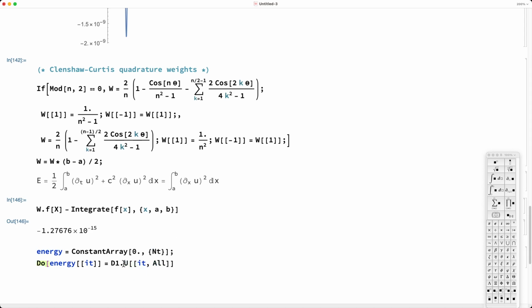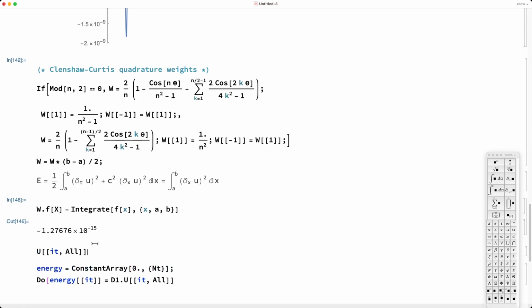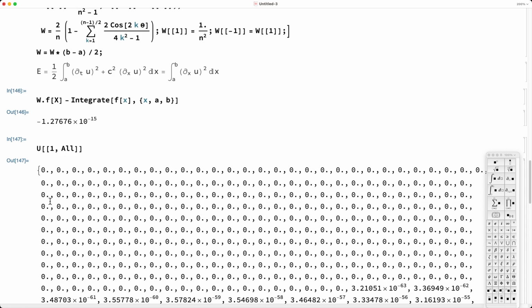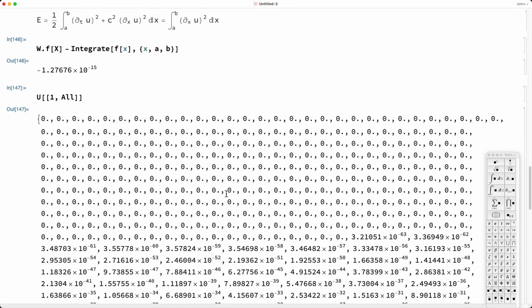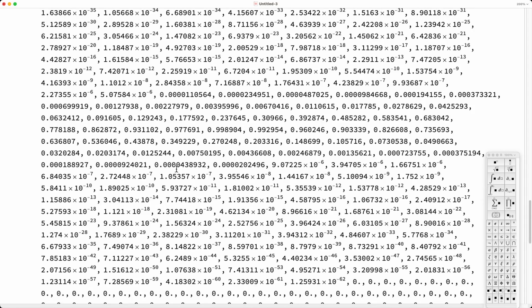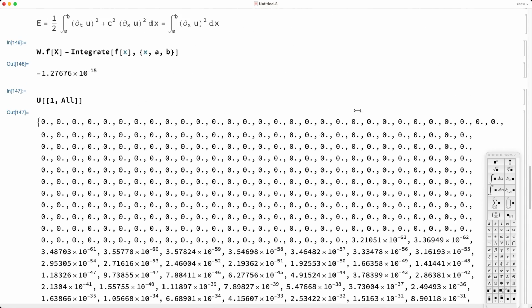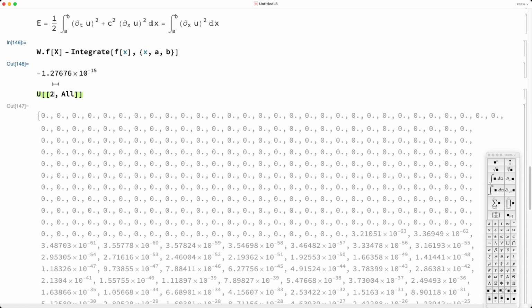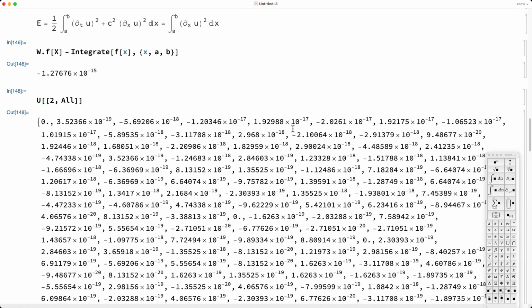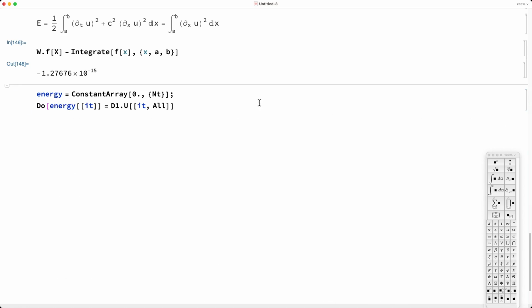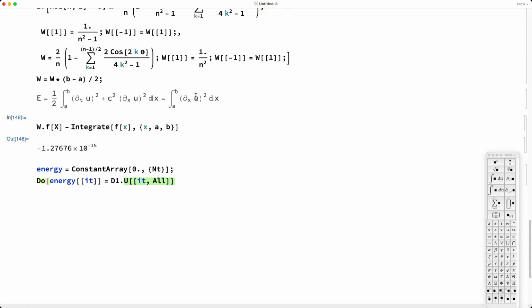So remember, if you do that, you're going to get a vector, that's a list of points. In this case, that's the Gaussian, essentially, that we built. And at some later time, the next time point is this, and so on. So we're picking up each of those vectors representing the solution u for each time point it.